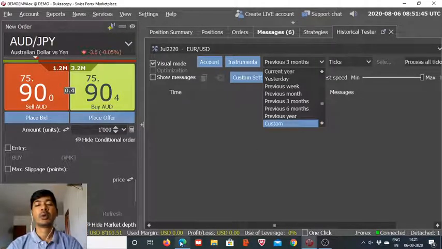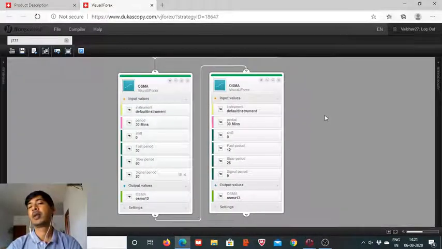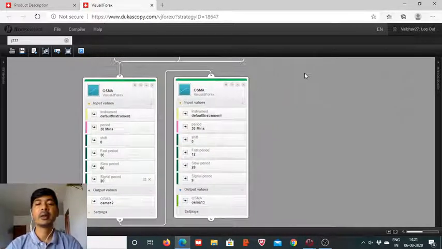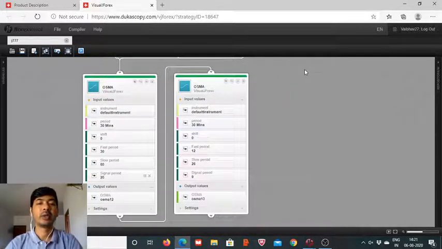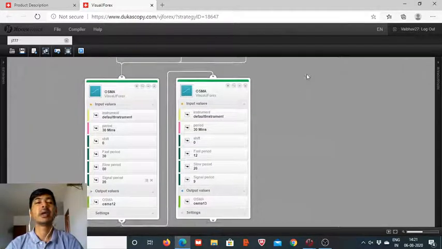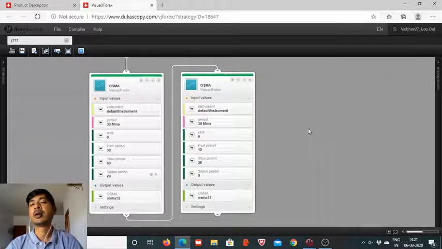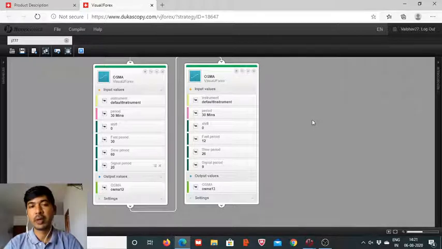So you can build a profitable algorithm simply using these tools being provided by the Dukascopy Bank SA, and I hope it will be a promising as well as a fulfilling journey here onwards.